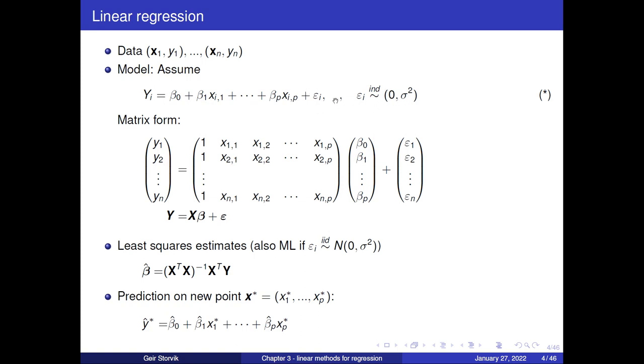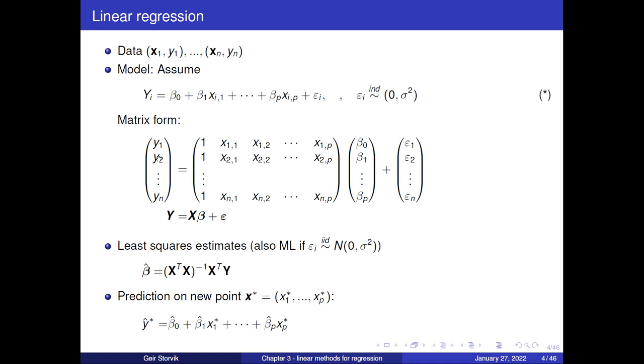So far we'll just assume that this noise has expectation 0 and variance sigma squared, and they are all independent. So we are not assuming that they are Gaussian so far, so that's why there is not an N in front here. This notation just means that we specify that they all have expectation 0, all have the same variance, and independence.